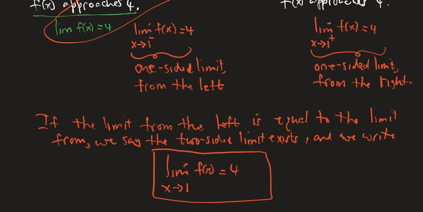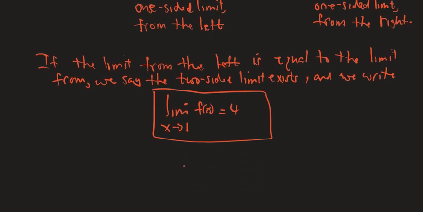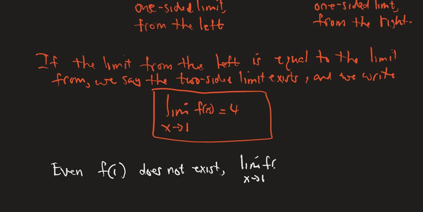So here's another important thing that we can state. Even though f of 1, remember we saw this earlier, does not exist, right? There is no function value. The limit as x approaches 1 of f of x does exist.